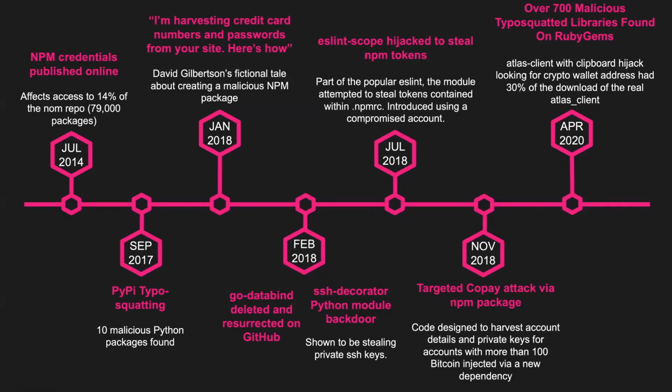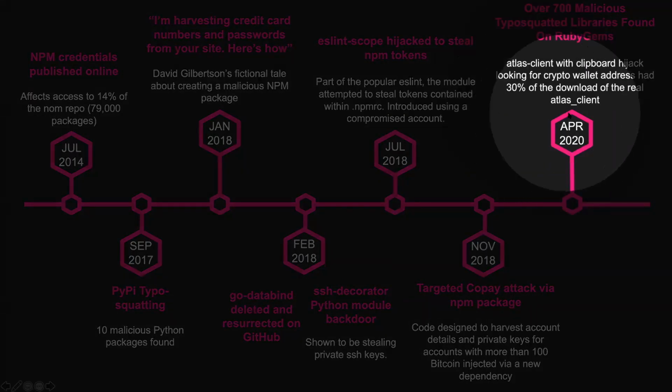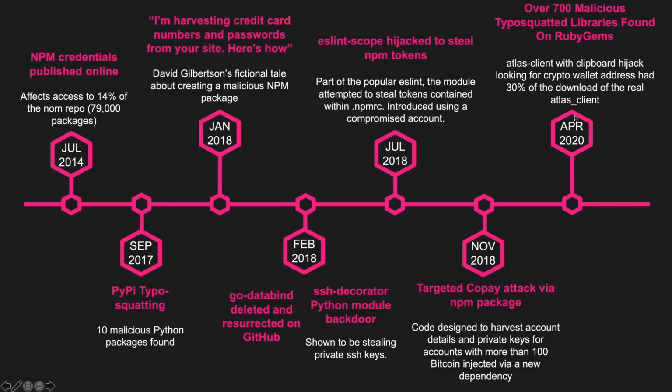People just use names that look like open source components you'd expect to pull in. And it's a very simple attack. So atlas-client with a dash was the attack, whereas atlas_client with an underscore is the real library that people expect to use. It's very easy for a developer to think, oh, I know atlas client, I'll just use that, and accidentally put in a dash rather than an underscore.